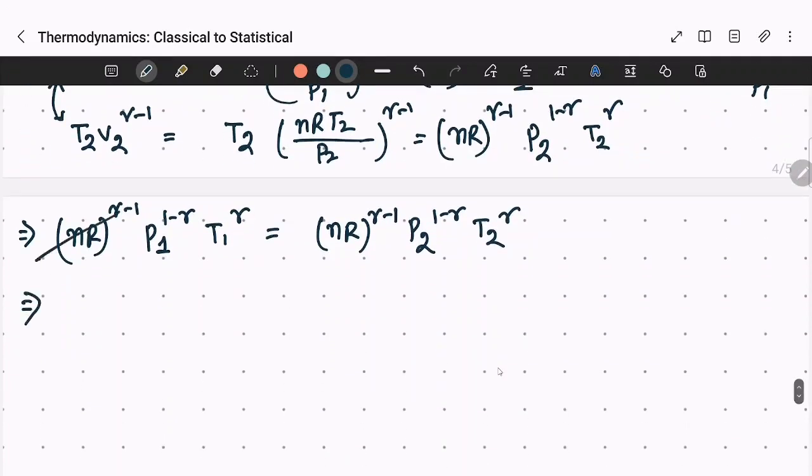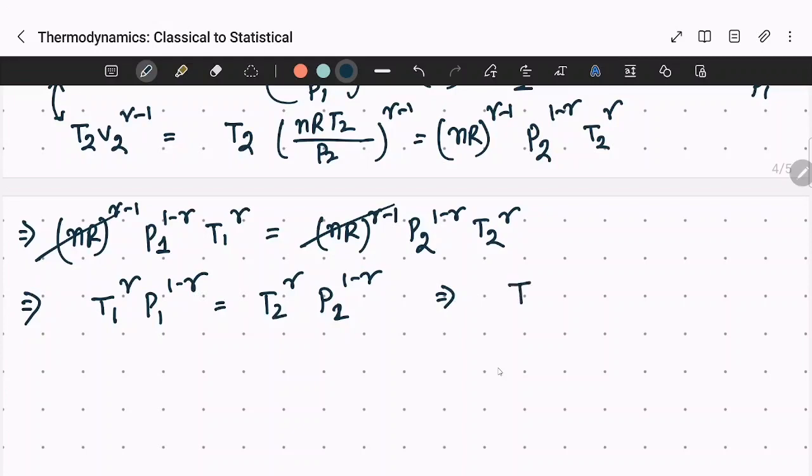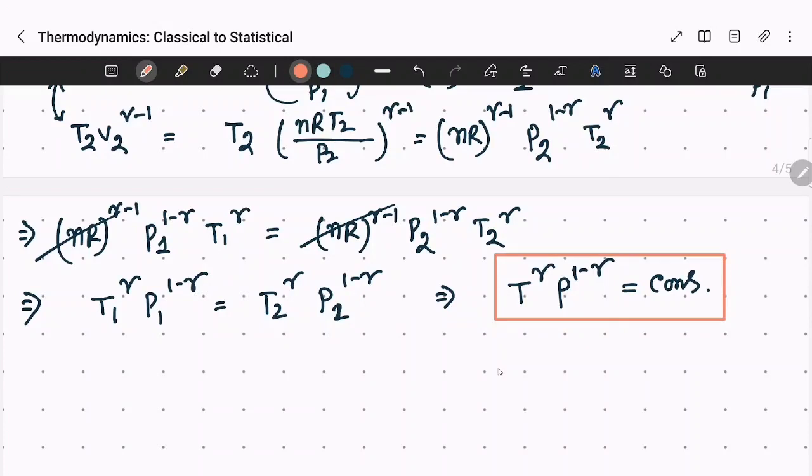So this will be cancelled out. So you can write T1 to the power gamma, P1 to the power 1 minus gamma equals T2 to the power gamma into P2 to the power 1 minus gamma, which essentially signifies that T to the power gamma, P to the power 1 minus gamma is constant. So these three relations are now proved. Very important these three relations are, so we had to prove them.